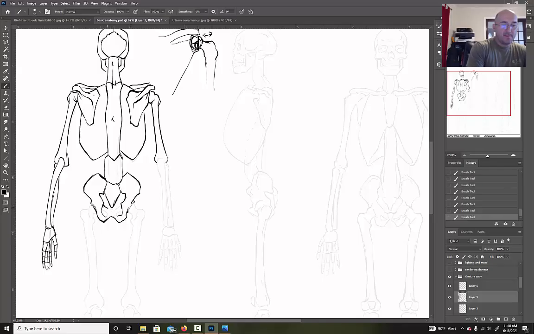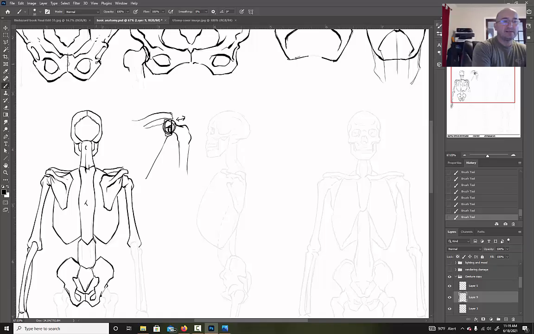The actual pubic bone is in the front. So that's this guy here. This guy's in the front, and we're drawing the back. So as the bone comes down and wraps around, this little loop that you see hanging down here is actually in the rear, moving forward to the pubic bone.